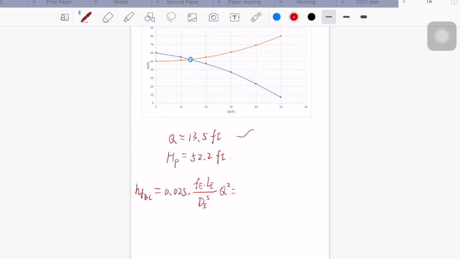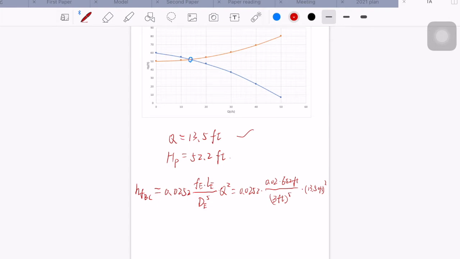So now this value equals 0.0252 times 0.02 times the length of BC, where the length of BC is the equivalent pipe of 652 feet, divided by 3 feet to the power of 5, times 13.5 cubic feet per second squared.